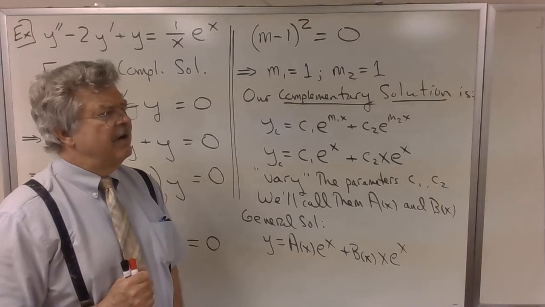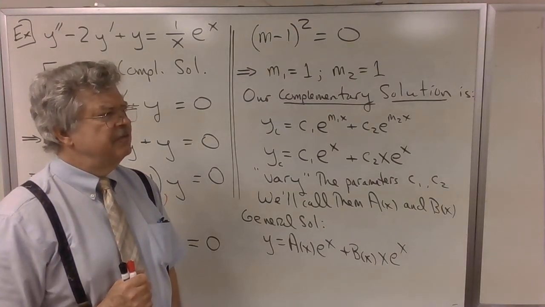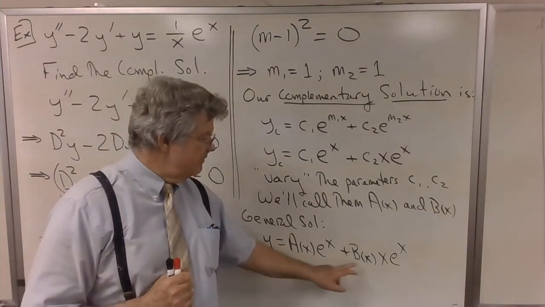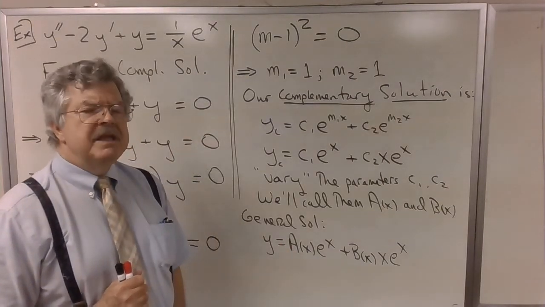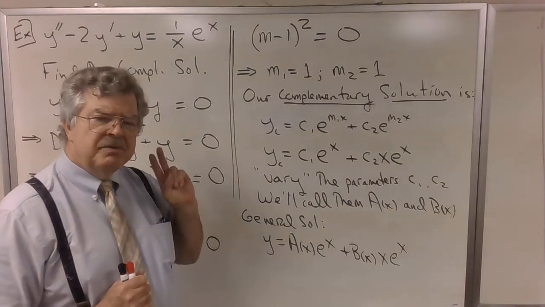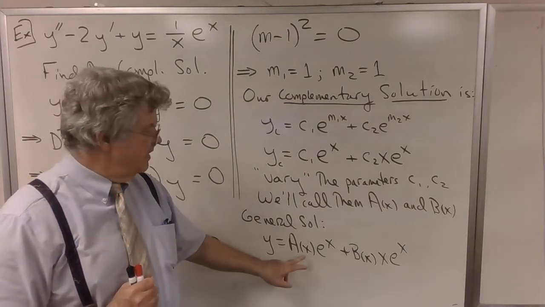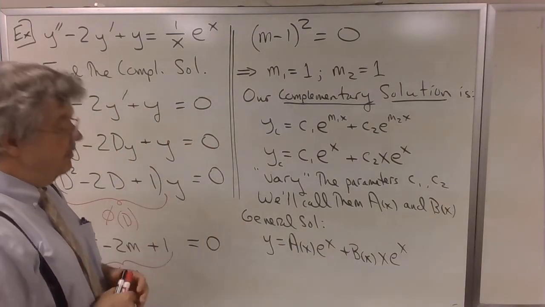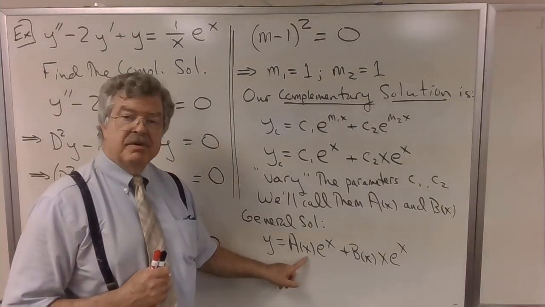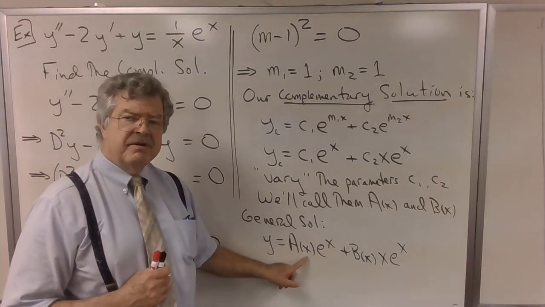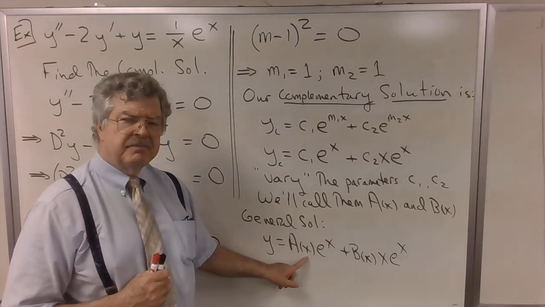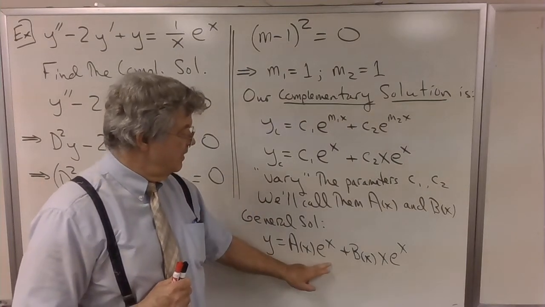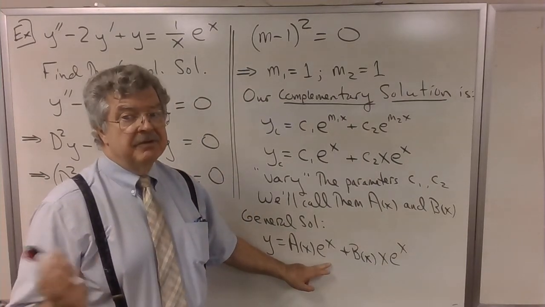And the fact that there are infinitely many solutions and that we have two independent functions here, a of x and b of x, means that we're allowed to impose two restrictions on this pair of functions. The first restriction is that when we actually plug them in for C1 and C2, we get the general solution.